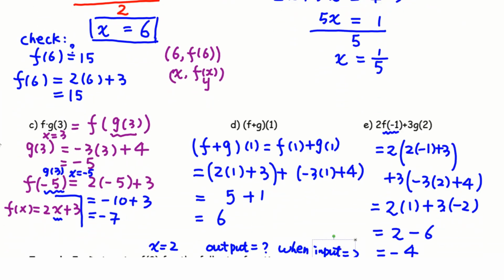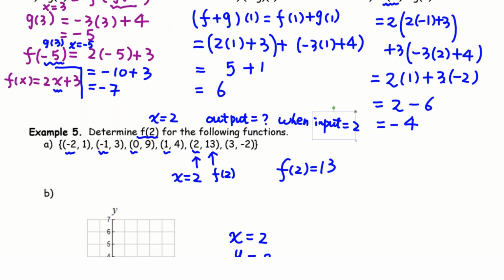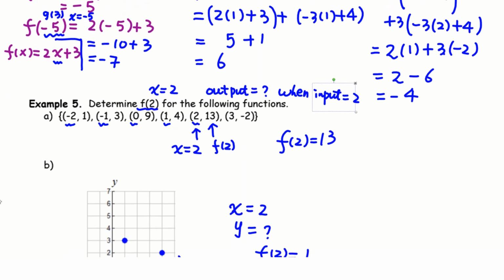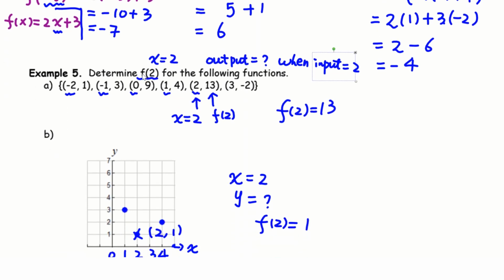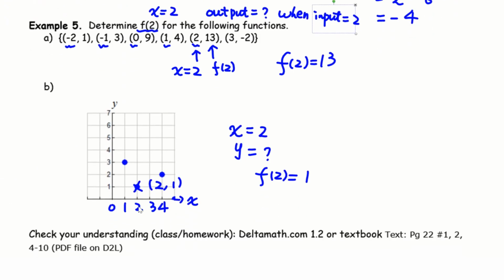And also we have practice on if the set of data is given, you find f at 2, then you just look for the input is 2, what's the output? The output is the value for the function notation. And from the graph, we find when the x coordinate is 2, then what's the y coordinate? That is the output.